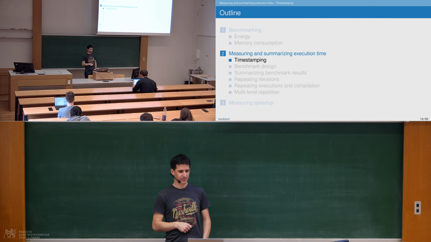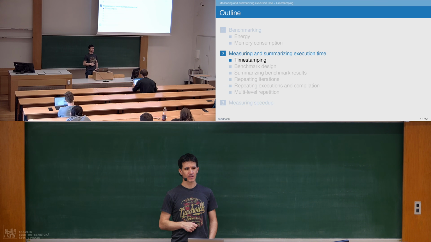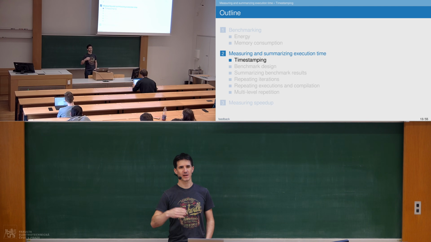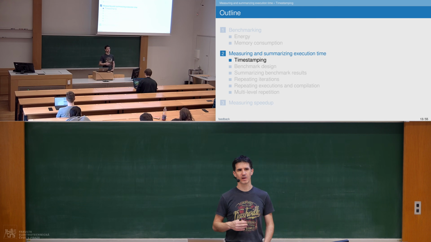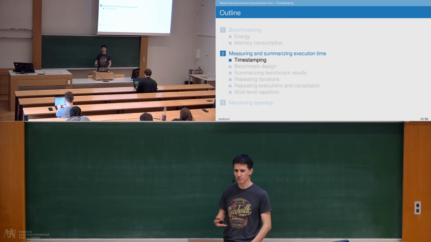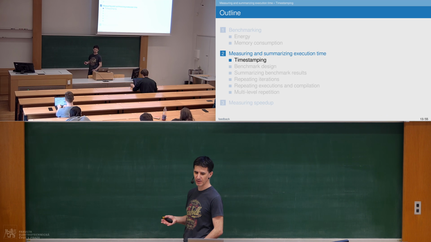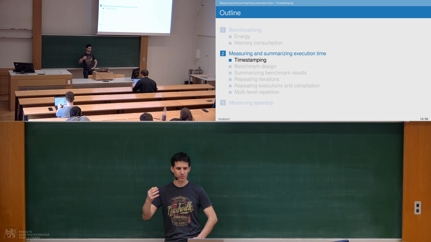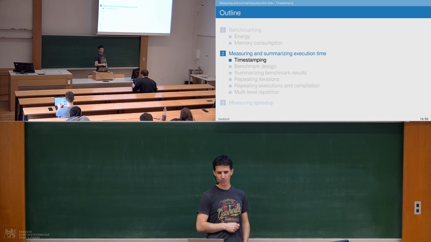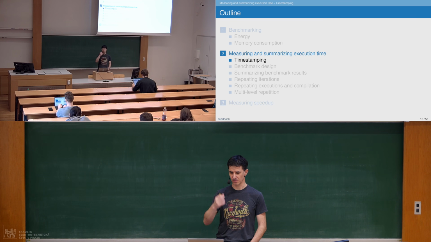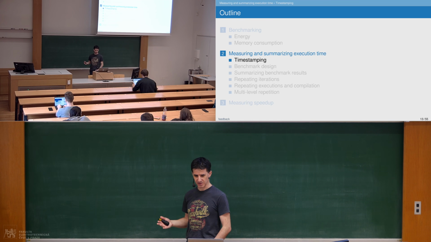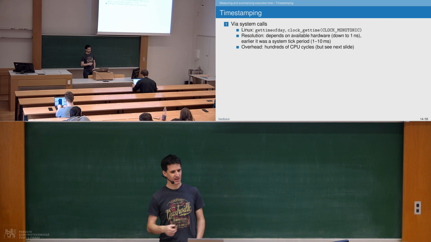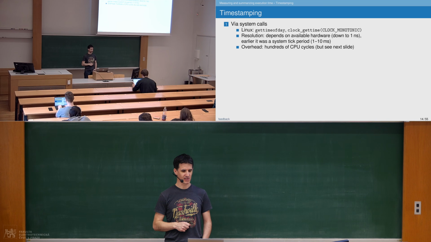To do that, we need to add some timestamps to our code. For example, at the beginning of the function you take a timestamp, at the end of the function you take another timestamp, you subtract the timestamps, and then you see how long the function took to execute. It sounds easy, but it's not that easy, at least in some cases.